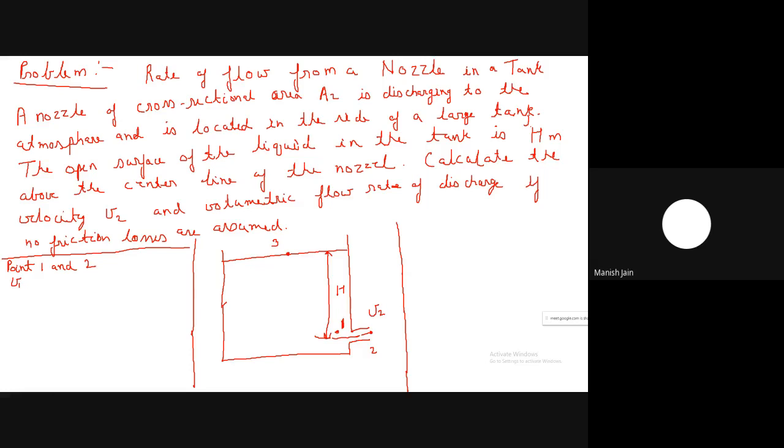So you can assume that velocity is 0 at point 1, V1 equal to 0. The second point is that because these 2 points are at the horizontal position, the elevation is 0 between point 1 and point 2. So Z1 equal to Z2.